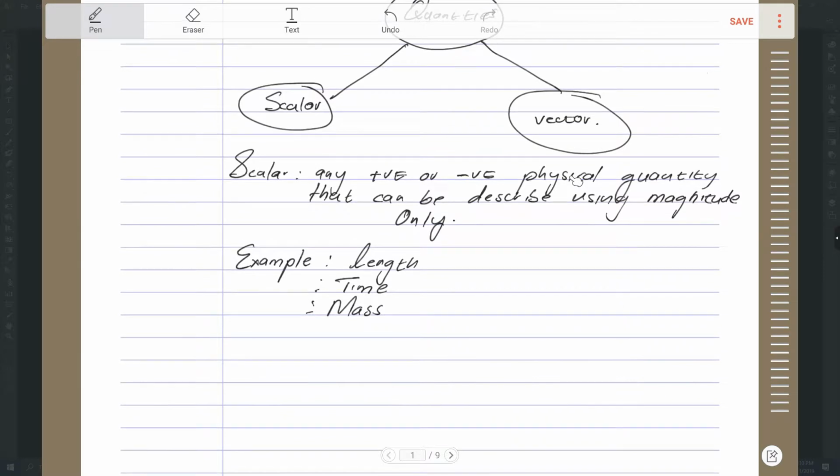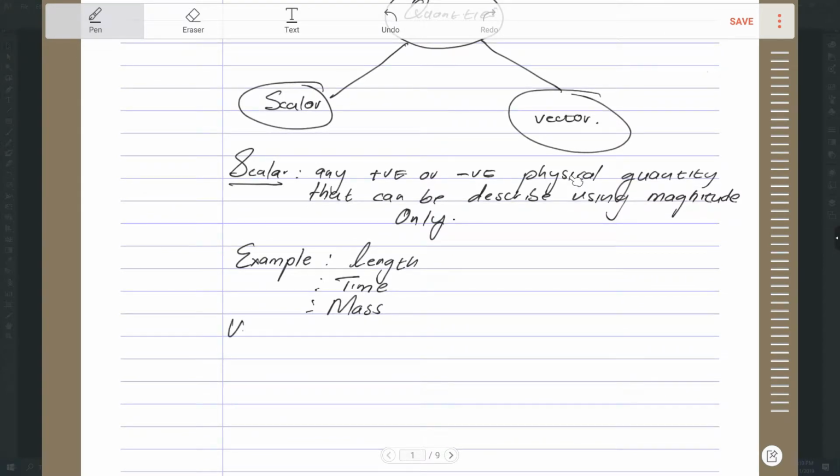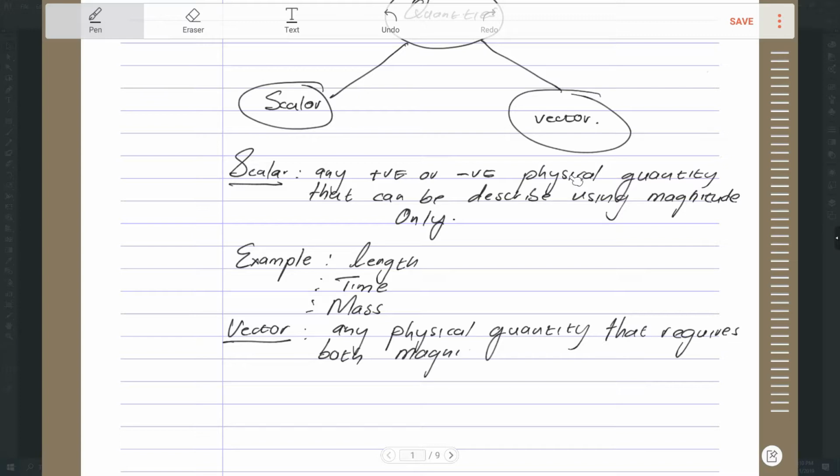So now let's define what's a vector. So a vector will be defined as any physical quantity that requires both magnitude and direction to be fully defined.